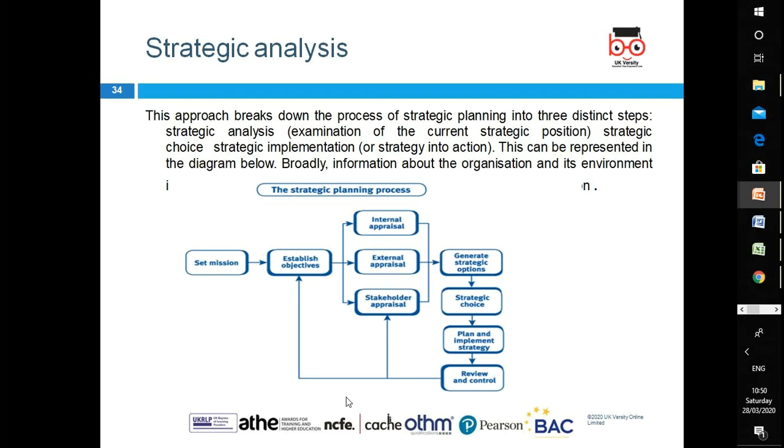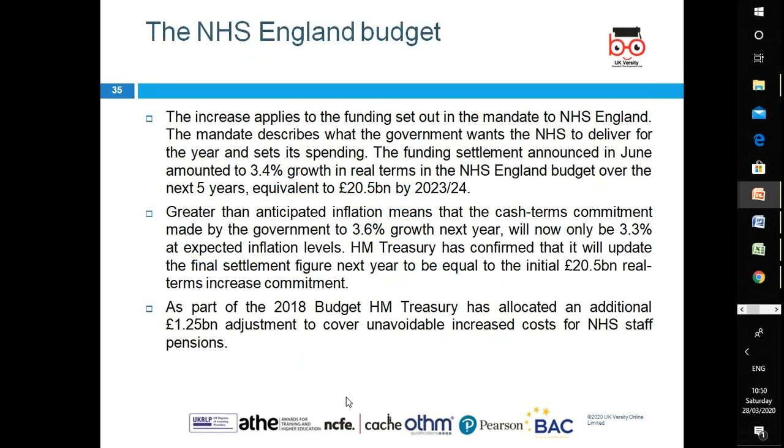Then generate strategic options, look around, choose the choices, and plan and implement the strategies. That will help it to be achieved. Any proposal we do, we need to look at all this. Maybe we're looking at the money side, but we're not looking at other impact.